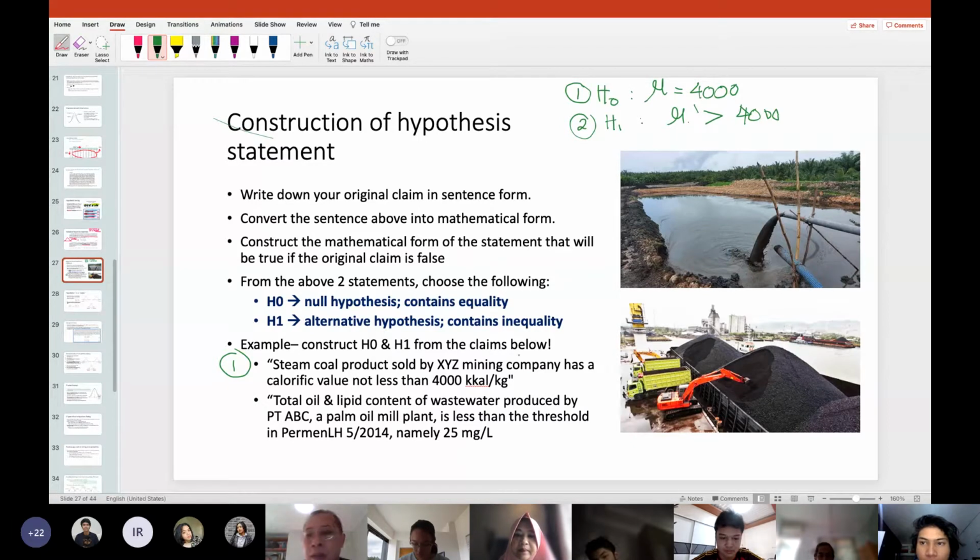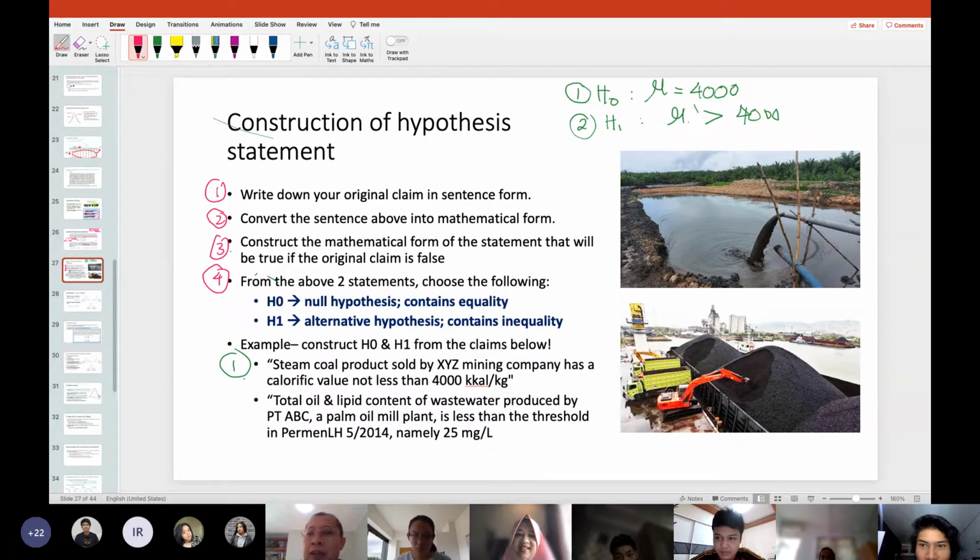Okay, so let's follow this one by one. You see the bullet points above. We have 1, 2, 3, 4 steps. In the first example, what is the original claim that the company wants to prove here? For example number one, all you have to do is just read the sentence.